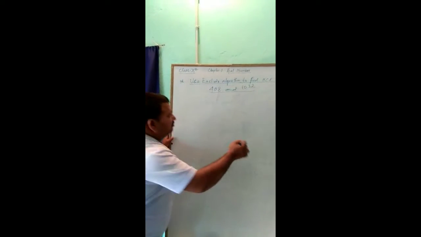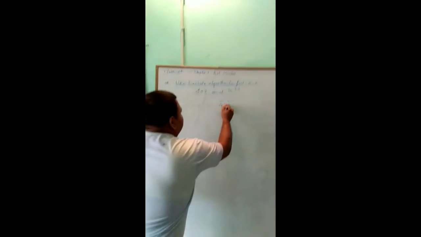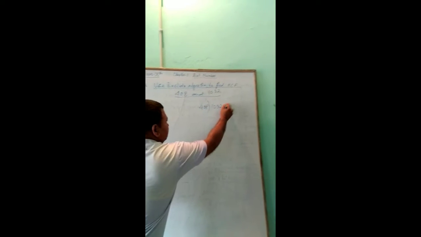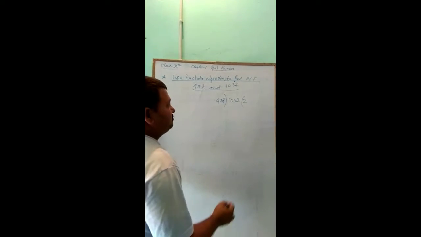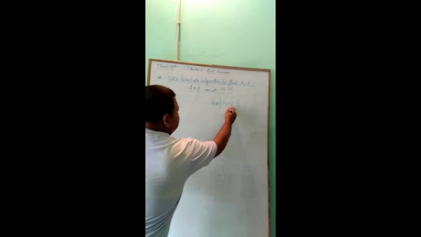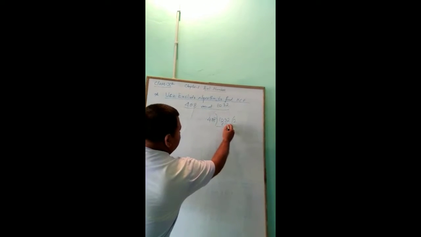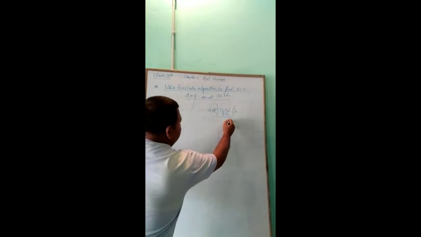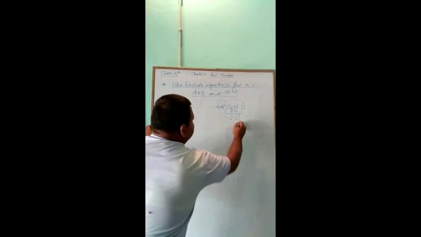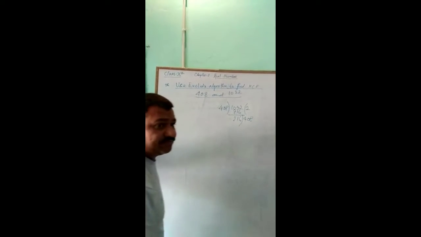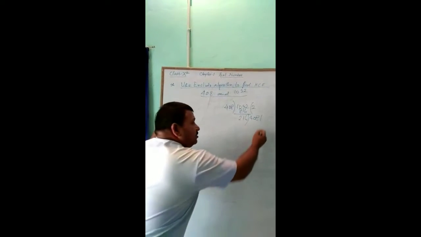Find out the HCF first by division method. Two times. Now divide it 1 times.